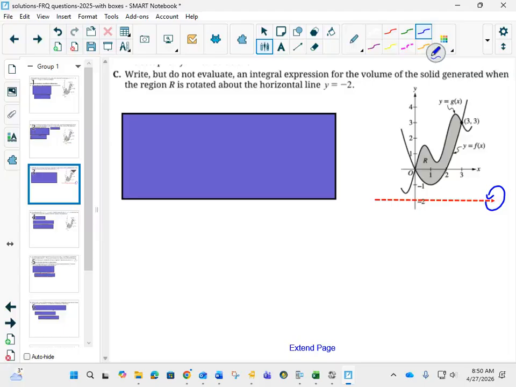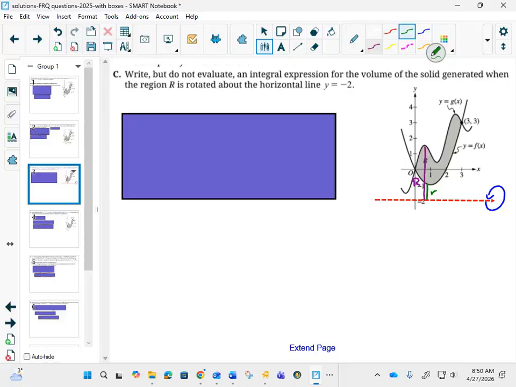So on my graph here, I'll do it in purple. I'm going to pick this point. That's my big radius. And in green, that's my little radius. Now, depending on what you're rotating around, figuring out those big radiuses and small radiuses is not hard, okay?